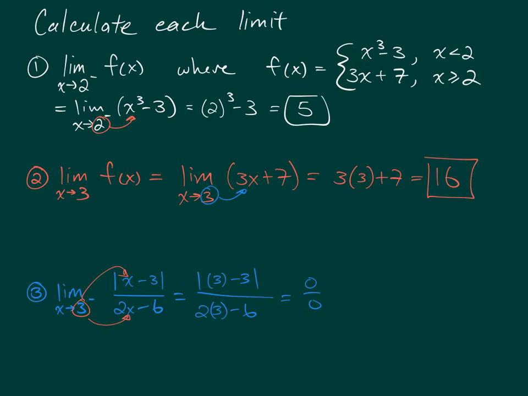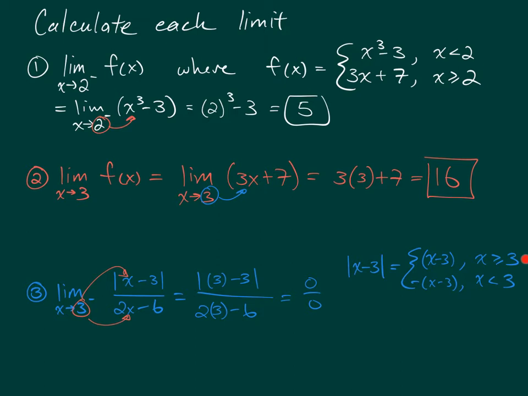This is where keeping in mind the absolute value function can be piecewise defined will help us out. Any absolute value function can be defined in the following way. You set the absolute value portion equal to the positive version of what's on the inside and the negative version of what's on the inside.